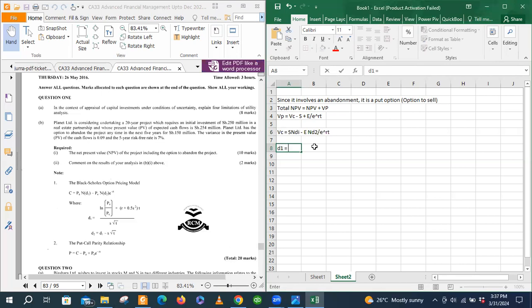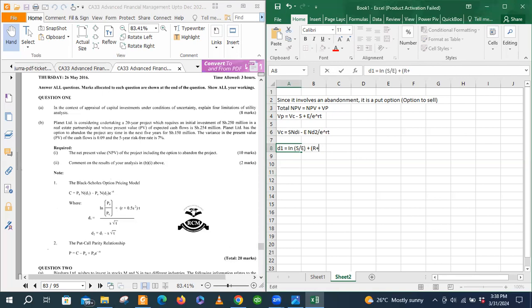D1 equals, we have in into brackets, spot price over exercise price, then plus the risk-free rate of return, ameita R. Then I can do plus I can decide to do standard deviation squared divided by 2, because 0.5 is like a half.